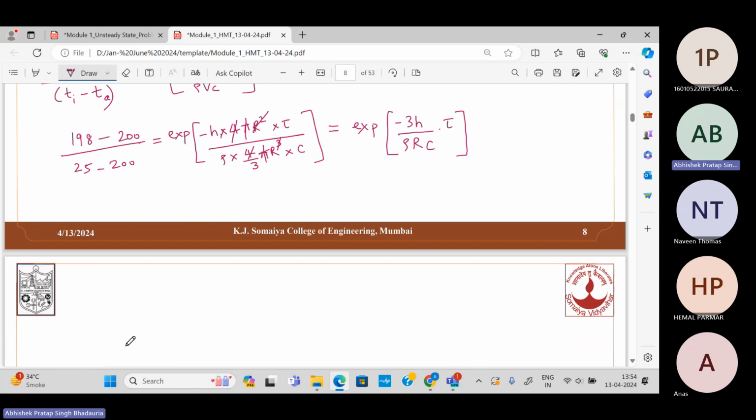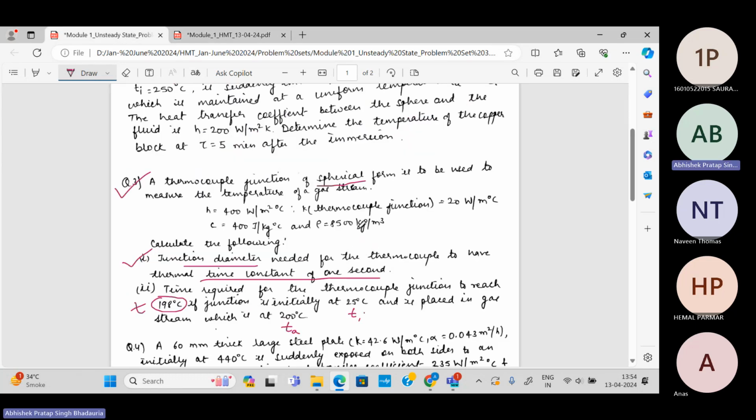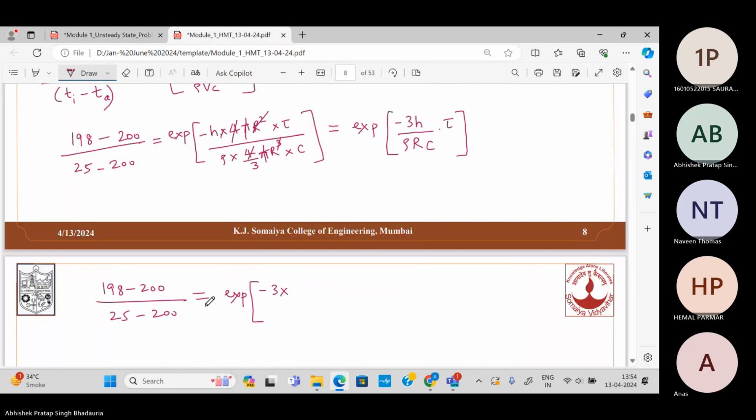Now we'll put the values. So this is 198 minus 200 divided by 25 minus 200. It is equal to e to the power minus 3 into h. The value of h is given as 400, divided by rho.